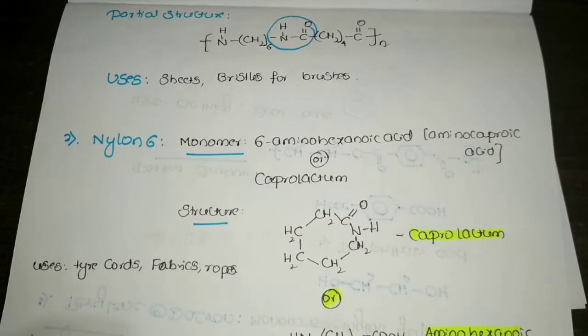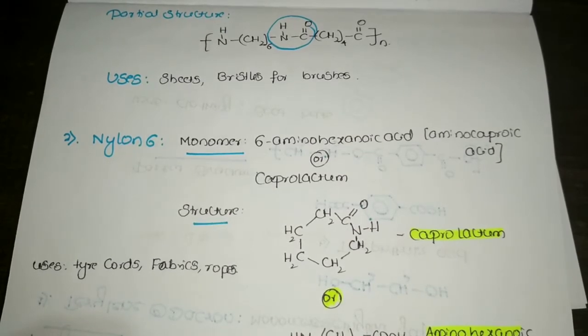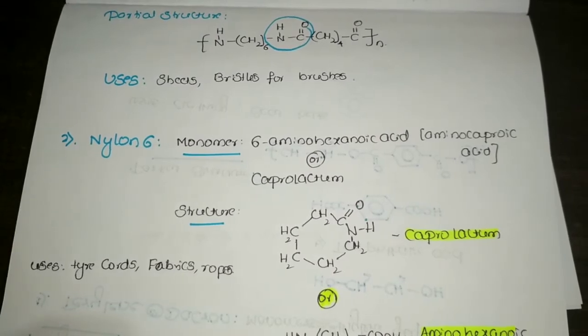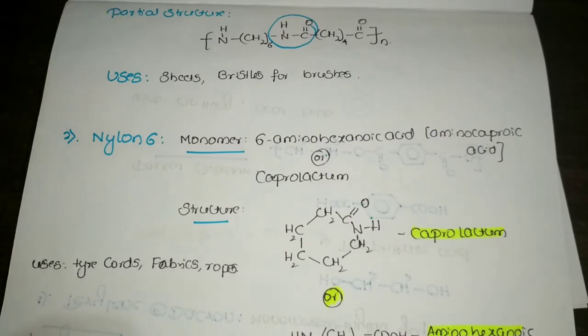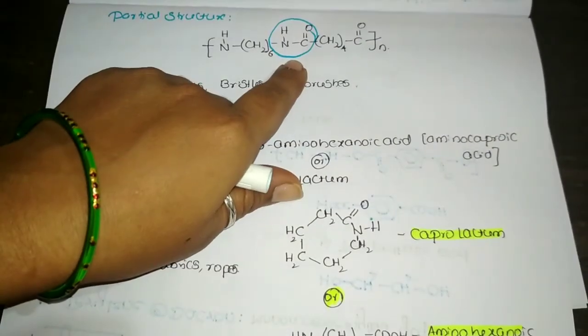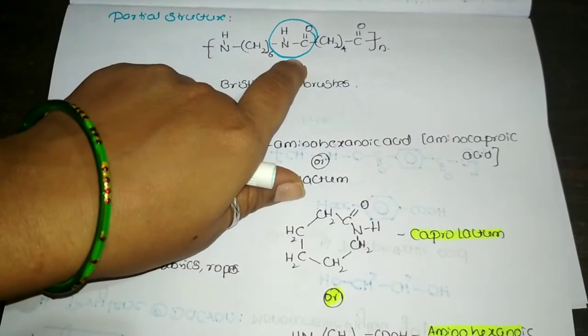This is the partial structure for nylon 66. You have to remember this partial structure because in one of the NEET exams of previous years, they asked the partial structure. For that reason you have to remember this one.